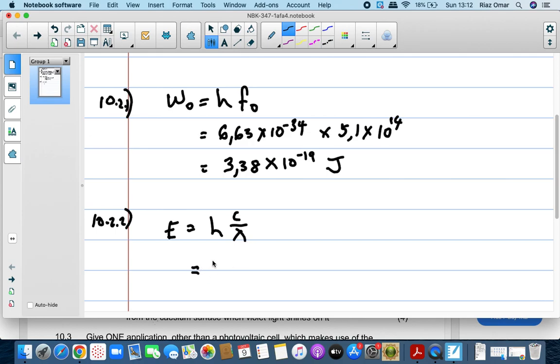If we work that out, h is Planck's constant, 6,63 times 10 to the minus 34. The speed of light is 3 times 10 to the power 8 meters per second.